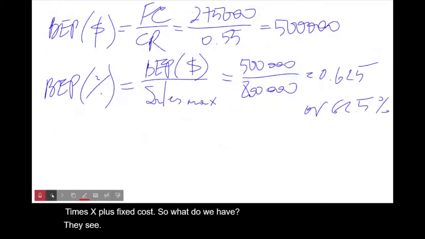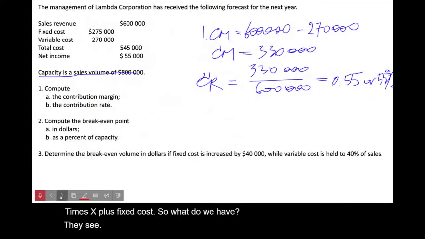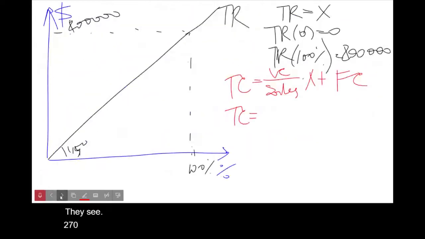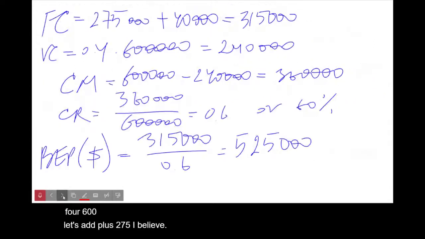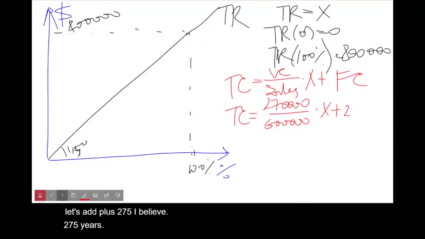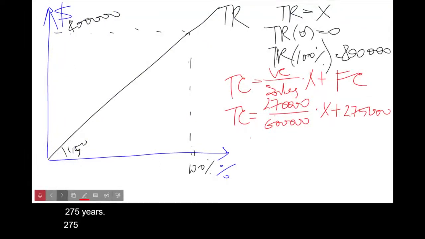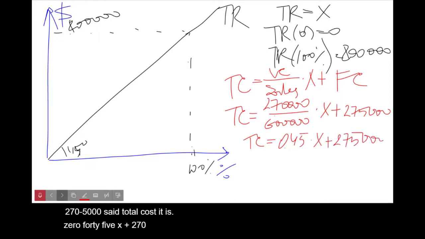VC 270 over 600 times X plus 275, I believe. 275, yes. 275,000. So total cost is 0.45 X plus $275,000.